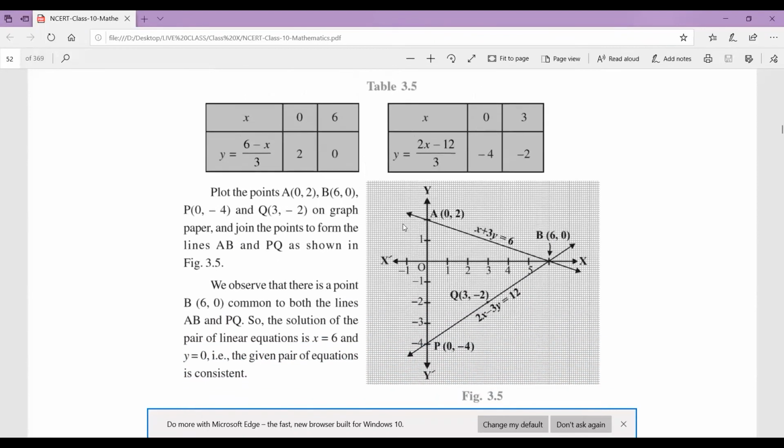So you just have to draw the graph again, and you can see they are cutting each other at a unique place. In this case you will have to find this value, where they cut each other. That point will be your solution. So we need to draw the graph very carefully because we have to find the solution also.